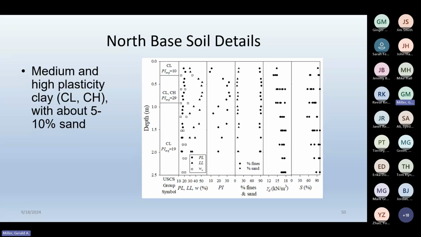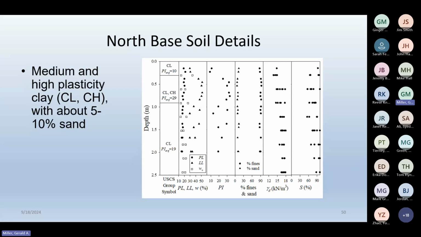And again, we broke it into different layers depending on the average soil characteristics. So here's your water content, the squares on a couple of dates, liquid limits and plastic limits. And again, degrees of saturation varied during the study. So these are the two study sites.